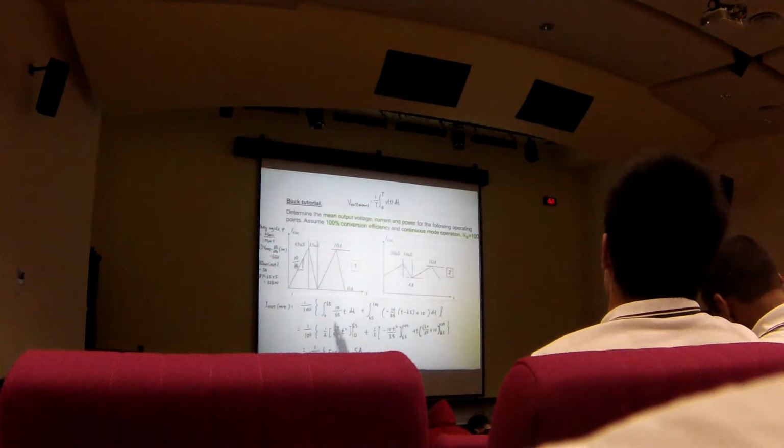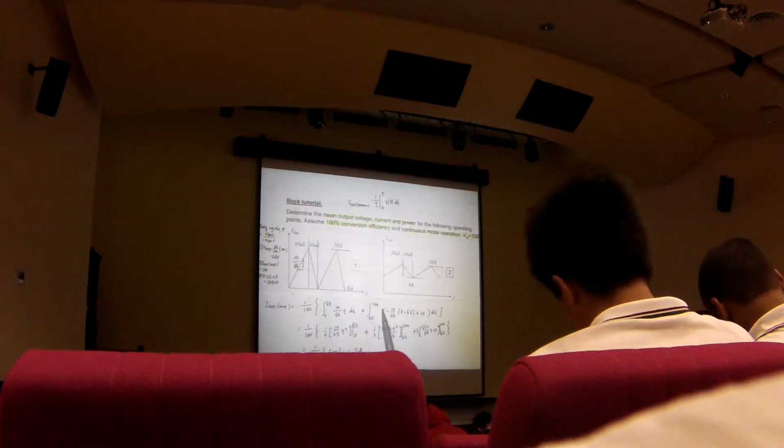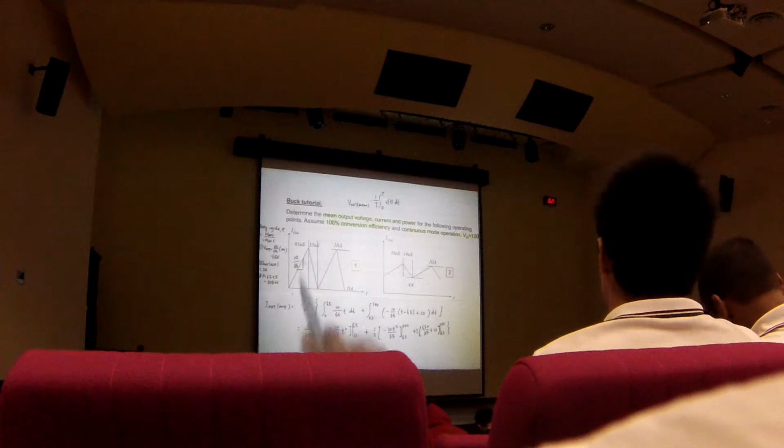So if you take 10 over 65 times t, and integrate this from 0 to 65, plus from 65 to 100, what is this slope here?